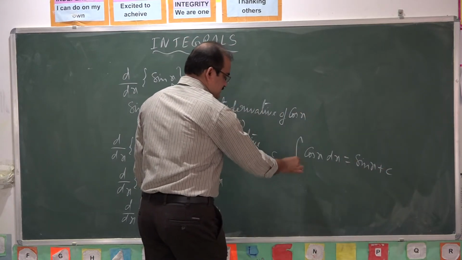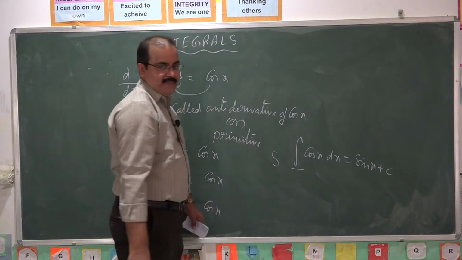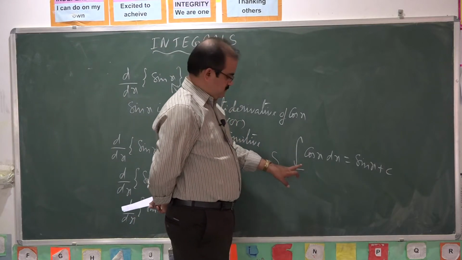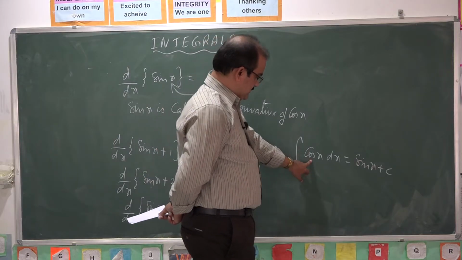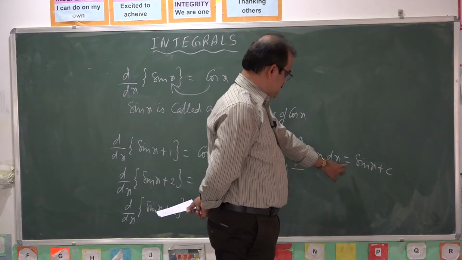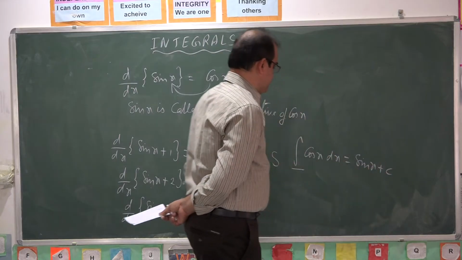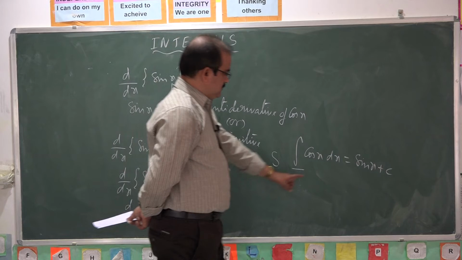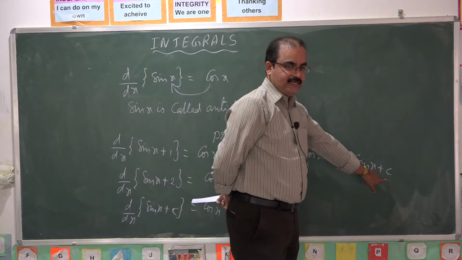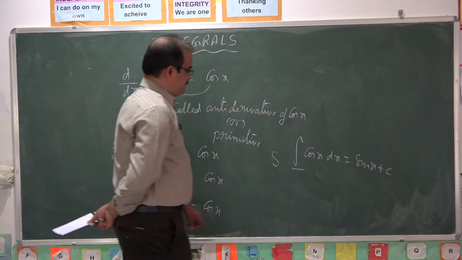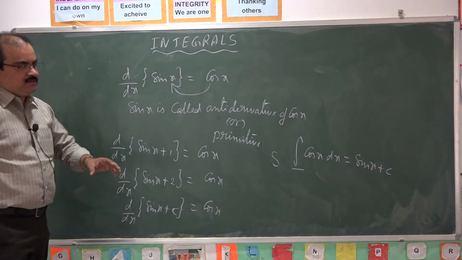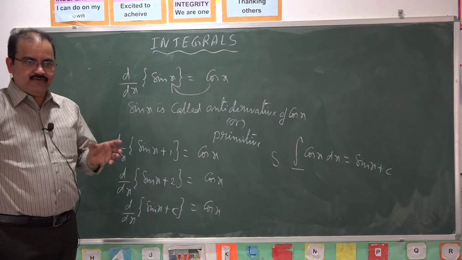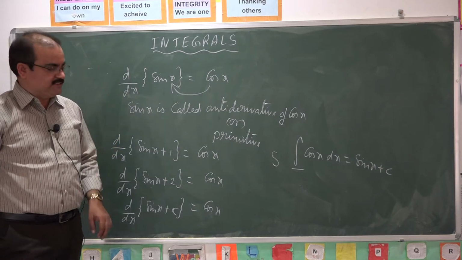This symbol represents antiderivative or integral. Integral of cos x with respect to x is sin x plus c. Here this c is called constant of integration. In this way, integration is treated as a reverse process of differentiation.